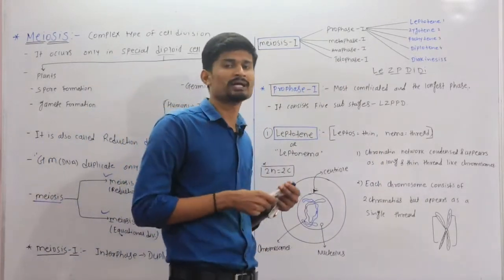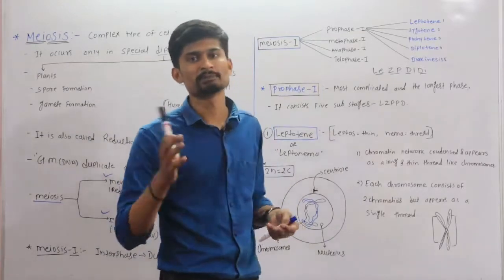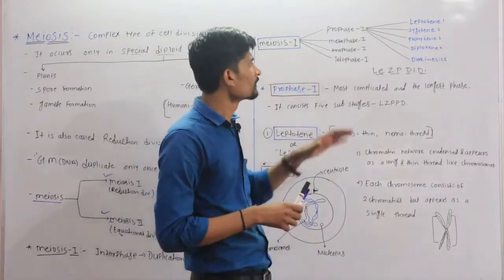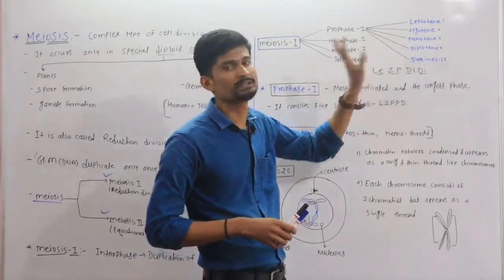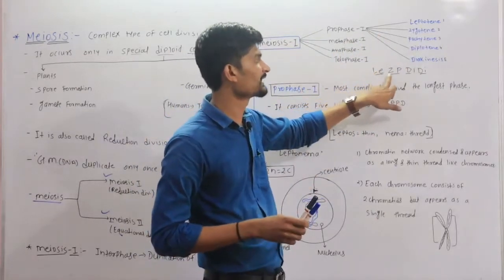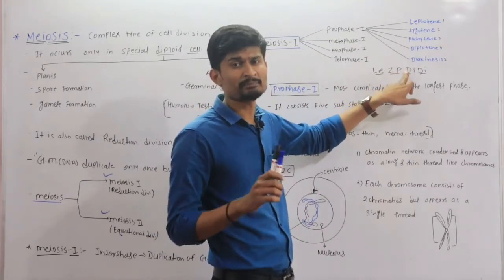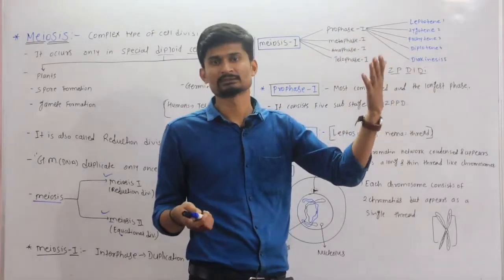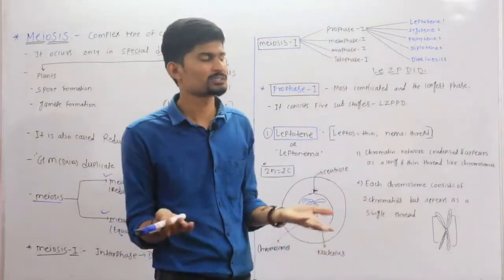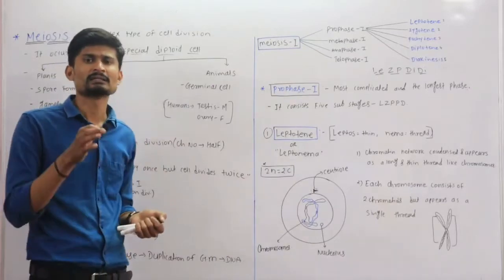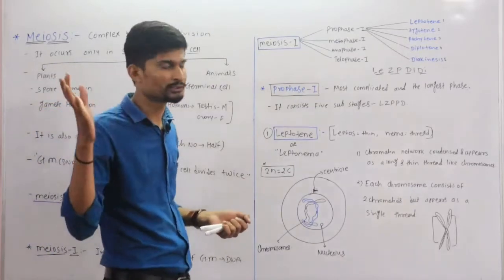It may be whatever, but you have to remember Le ZP Didi. Le for leptotene, Z for zygotene, P for pachytene, first Di for diplotene, and second Di for diakinesis. Simply remember this trick, Le ZP Didi.